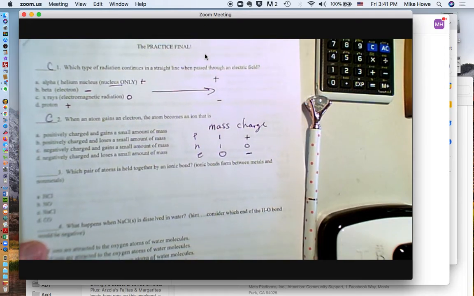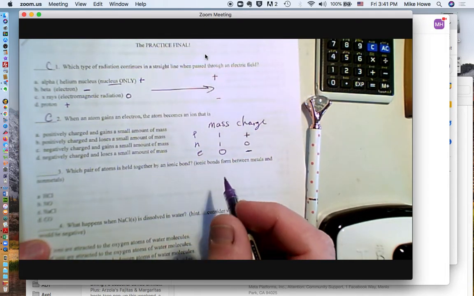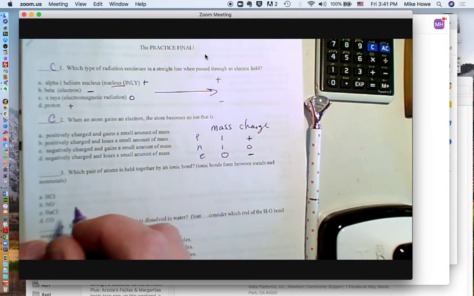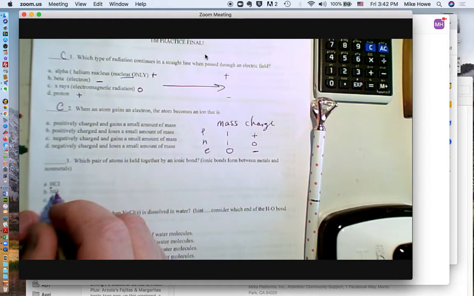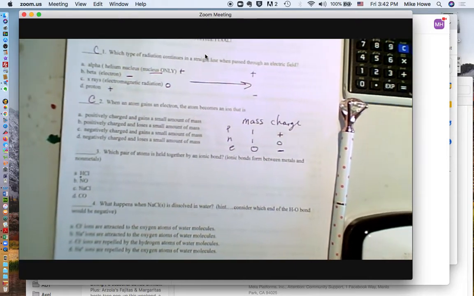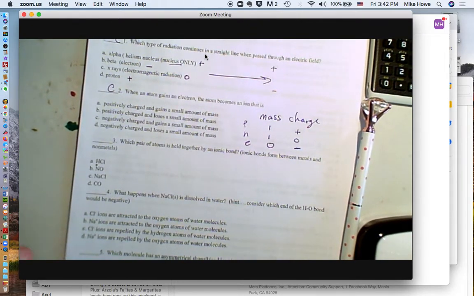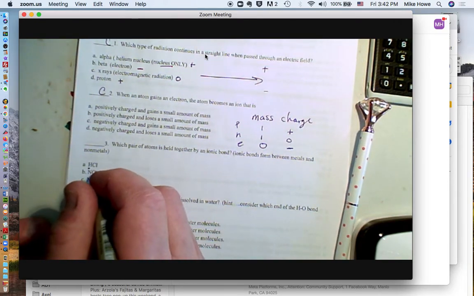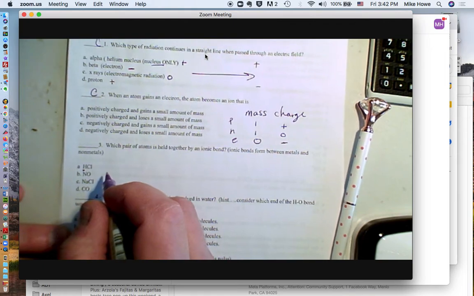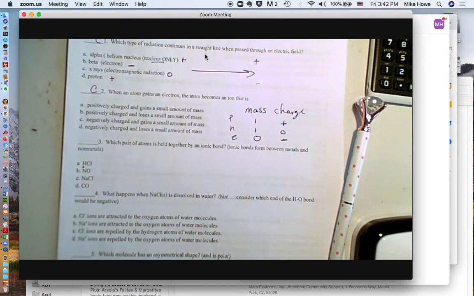Number 3, pairs of atoms held together by ionic bonds, and ionic bonds form between metals and nonmetals. So you're looking for the metal-nonmetal combination. So H is hydrogen. Hydrogen is a nonmetal. It is on the metal side of the periodic table, but it physically is a nonmetal, and everything else on the left side of the periodic table is metallic.